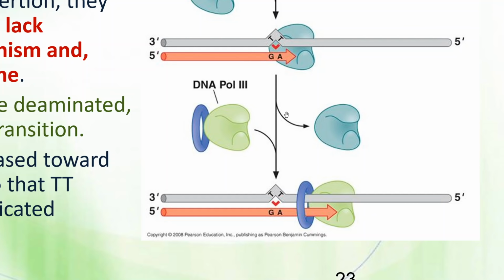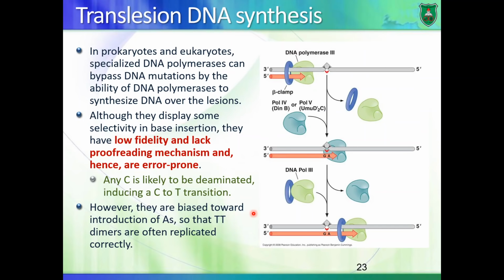What this DNA polymerase does is add any nucleotide, hoping that after DNA replication continues and is completed, this would be repaired. Remember that cells don't like to die, life is precious, so they like to stay alive.